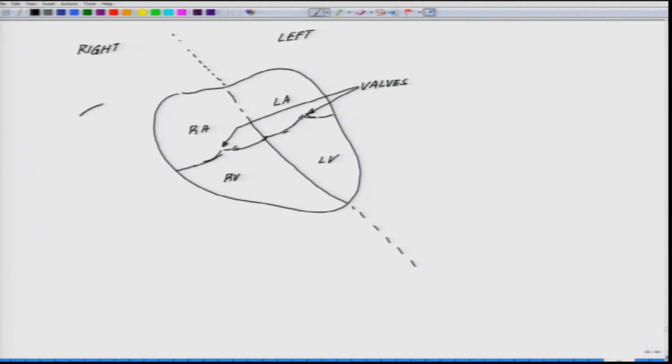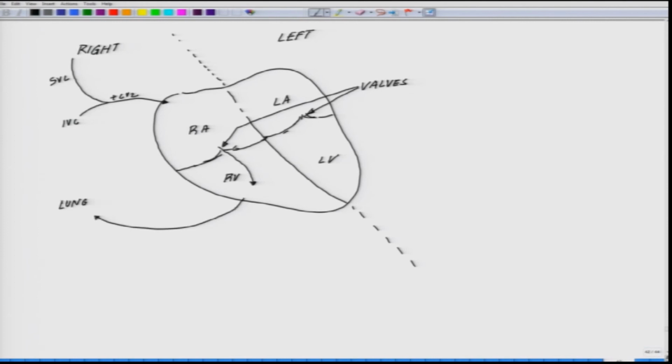Out here, the superior vena cava and inferior vena cava bring the impure blood, plus CO2 blood, here, which is moved here. From here this is carried forward to the lungs.